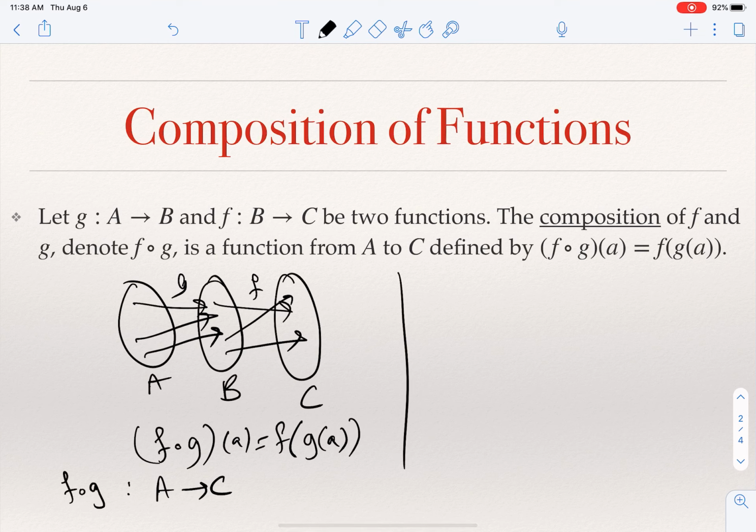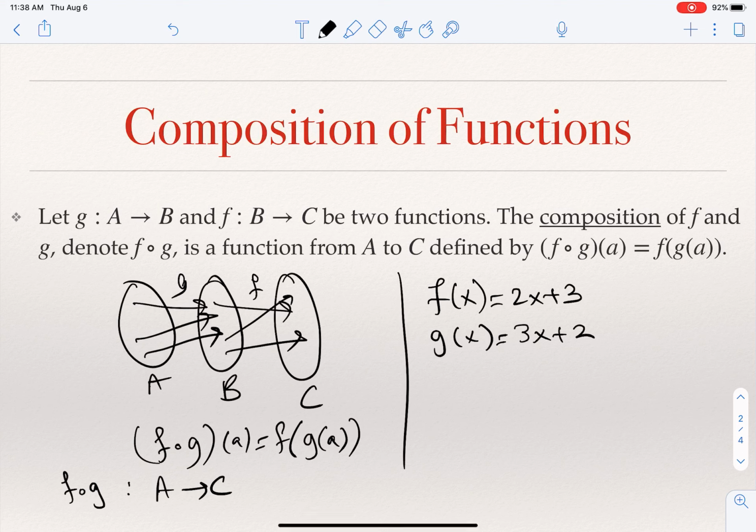Okay, so if we want to look at a specific example here, let's look, for example, at f of x equals 2x plus 3, and g of x is, let's say, 3x plus 2. And I say, what is f composed with g of x?